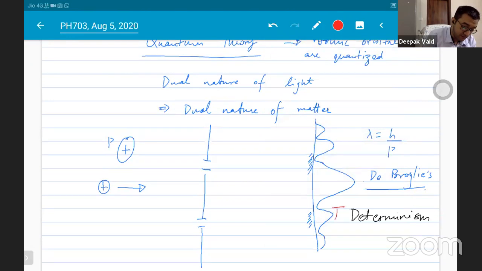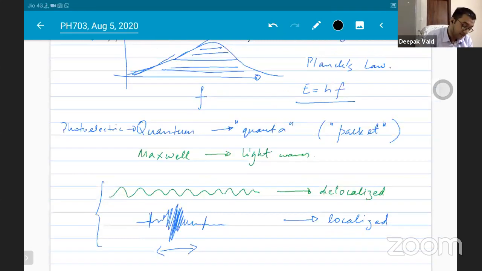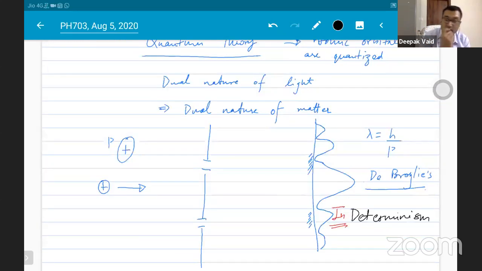So remember, we started out with the notion that nature is deterministic. If you know the position and velocity of a particle at one point in time, you can predict its motion in the past and in the future. But now what quantum mechanics is telling you is that a particle can behave like a wave. And what is the property of a wave? A wave is delocalized. Delocalized means that you cannot fix a precise location for the particle.